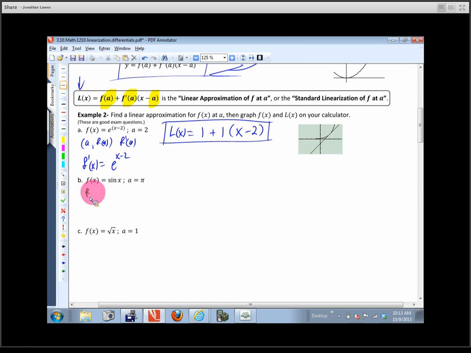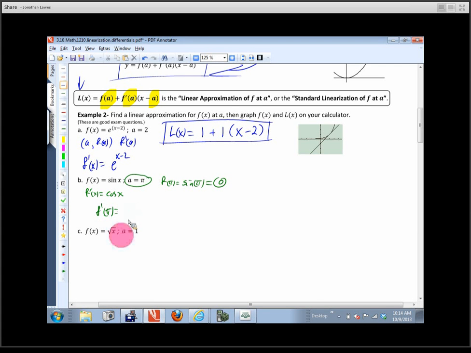Let's find f prime: cosine of x. I've got a. I need f of pi. That's going to be the sine of pi, which is 0. So the y coordinate at pi is 0. And then I need f prime at pi.